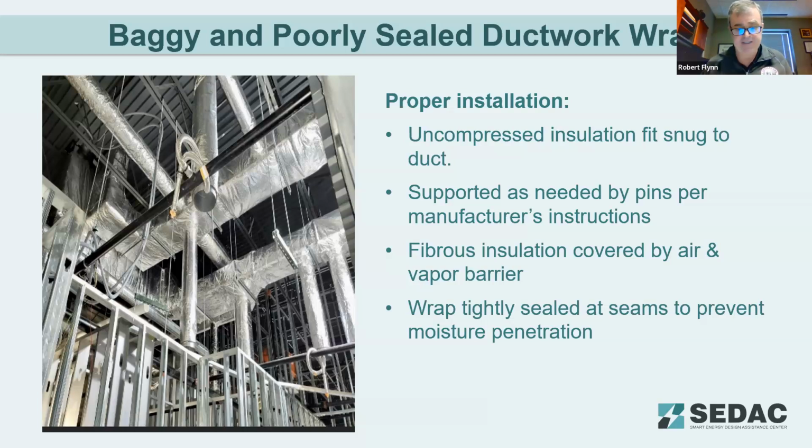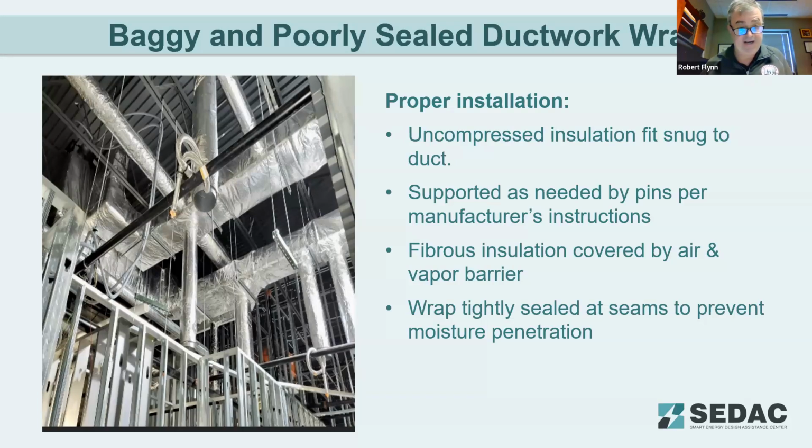So, baggy or poorly sealed ductwork wrap, continued. Properly installed is this picture, as we stated. Uncompressed insulation fits snug to the duct, supported as needed with pins. Well, we could maybe talk about pins a little bit. Fibrous insulation is covered by an air and vapor barrier. So basically, the jacketing is sealed 100%.